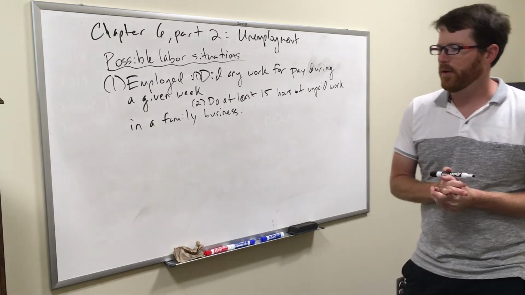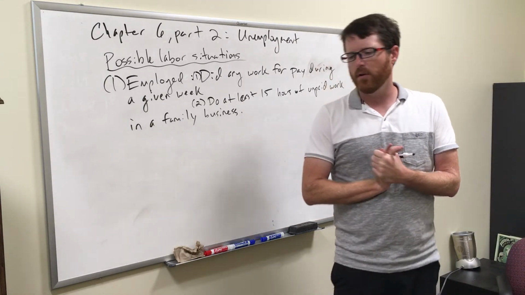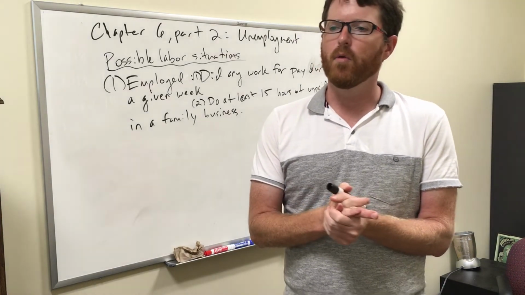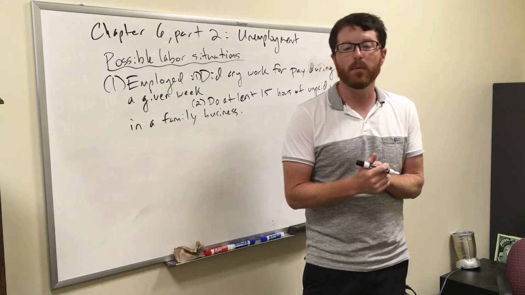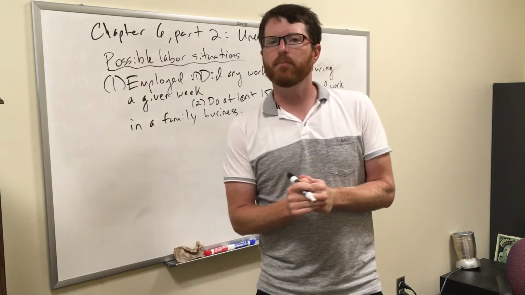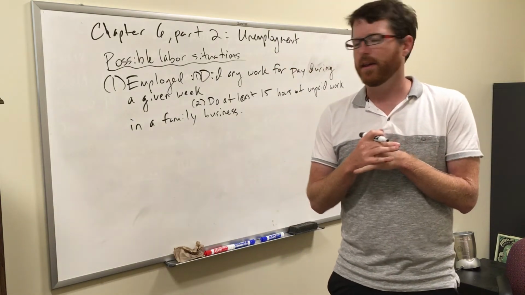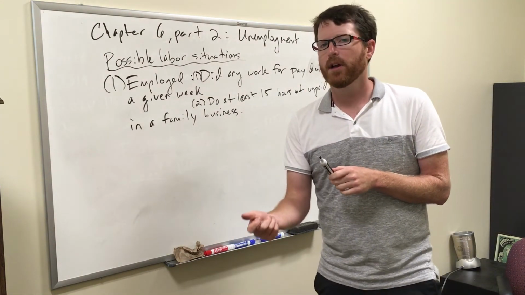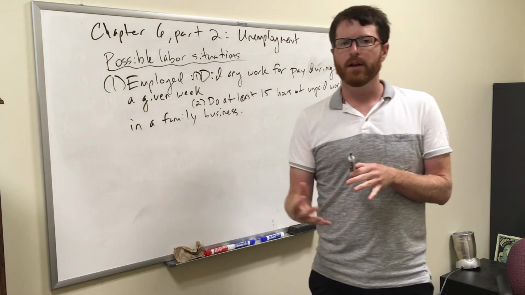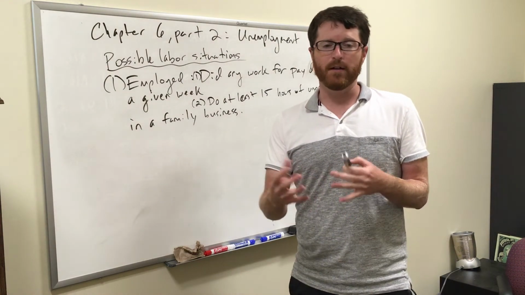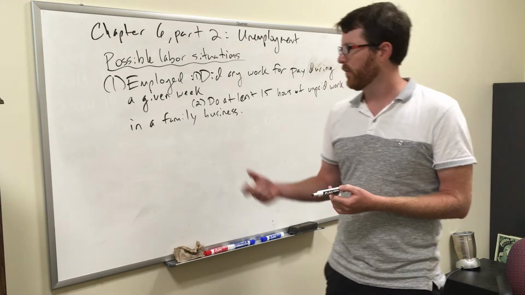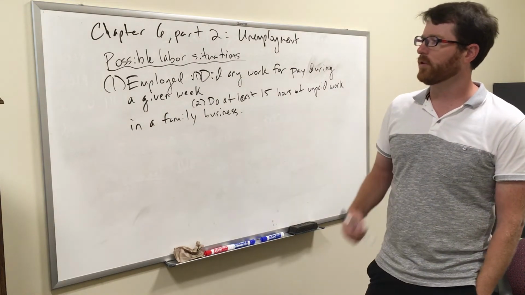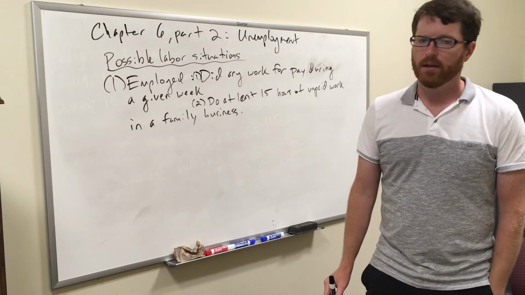So, let's say, for example, your uncle owns a landscaping business, and every summer you go work with him Monday through Thursday and help out. That's considered employed. The logic is that people who are doing this type of work maybe aren't getting paid cash, but maybe they're getting a place to live, food, that sort of thing. Like you're working for room and board. So we call that employed as well. So all you have to do is fall into one of those two categories to be considered employed.